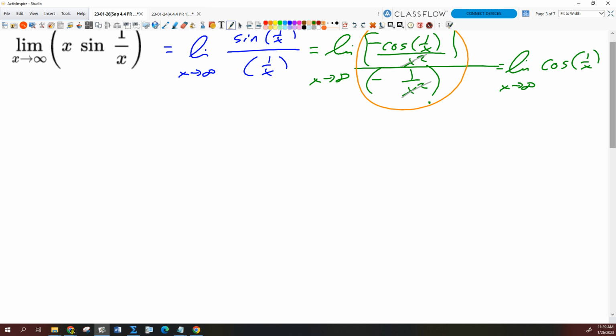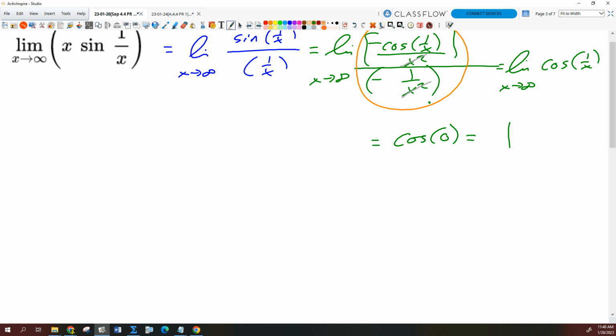What's the answer? 1, right? Because if I let x approach infinity, 1 over x just becomes 1 over infinity, which is 0. This is just equal to cosine of 0, which is 1.